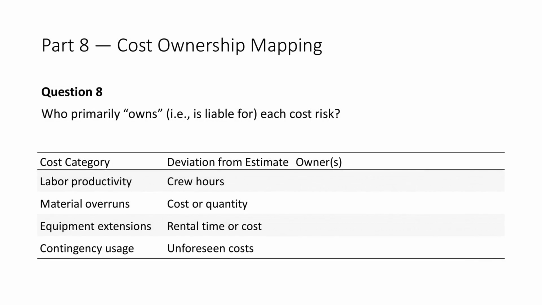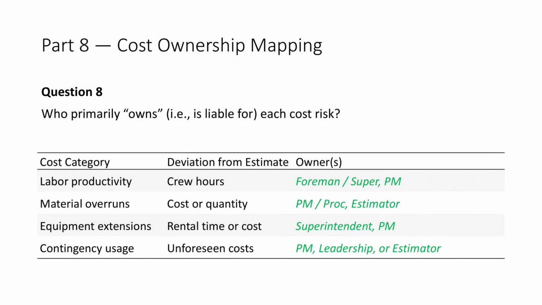Part 8. Cost ownership mapping. Question 8. Who owns each of these cost risks? Explanation. There's no single perfect answer here. What matters is the logic behind the assignment. Labor productivity is typically owned by the foreman or superintendent, with the project manager playing a secondary role.